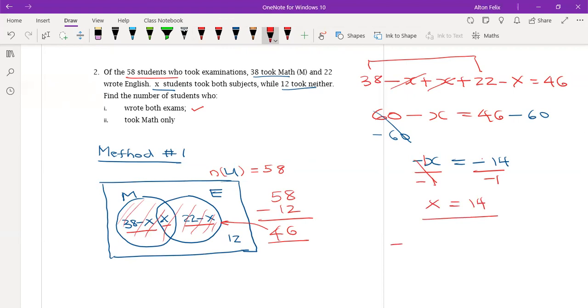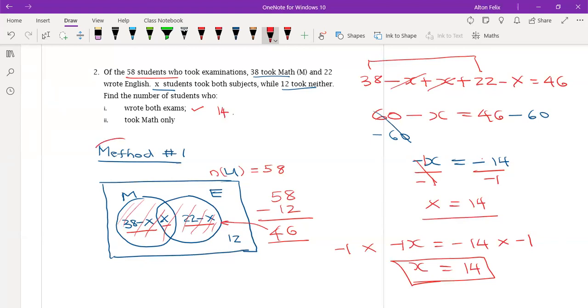Or if you have minus X is equal to minus 14, you can multiply both sides by minus 1, and minus 1 by minus 1X will give us positive 1X, or just X, and minus 14 by minus 1 will give us plus 14, same answer. So we already established that the number of students who wrote both exams will be 14.